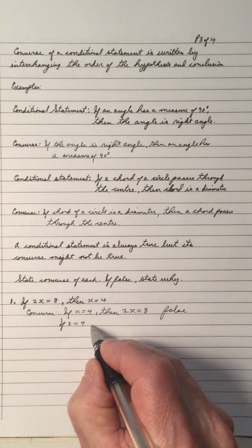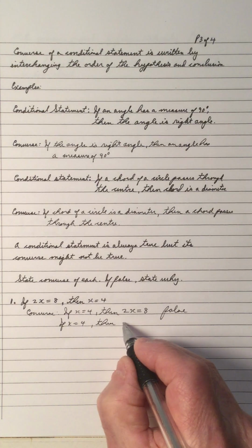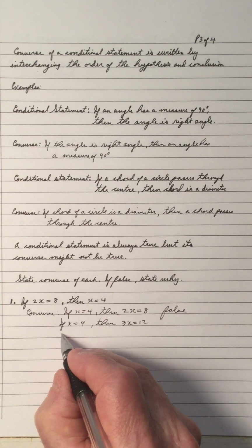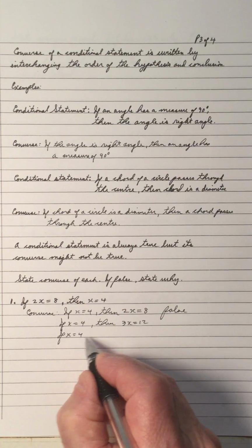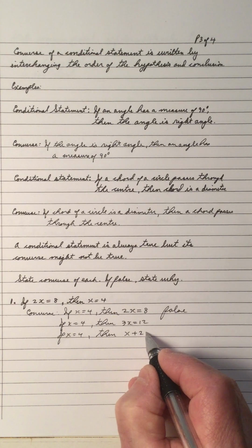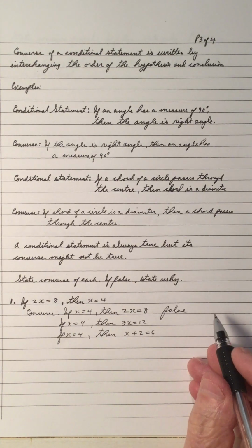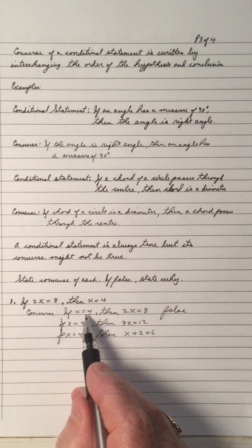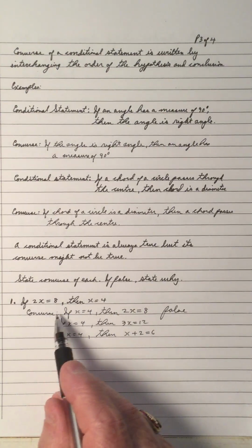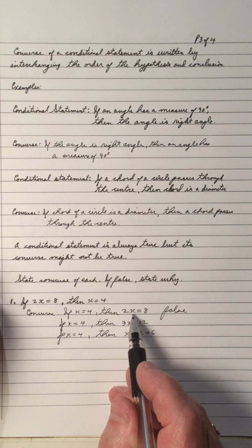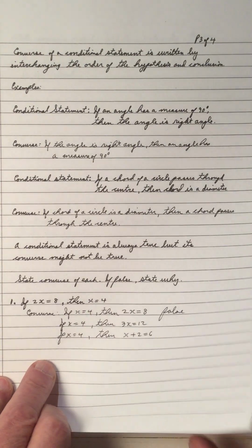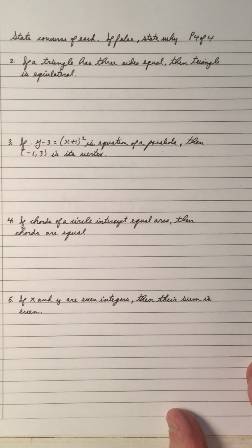Why? Because if x is 4, then I could have 3x equals 12. That's a different equation. If x equals 4, then I could have x plus 2 equals 6. Again, a different statement. So when x equals 4, I could have many equations that would make it true, so it's not necessarily 2x equals 8, because it could be these two or many more. Let's continue.